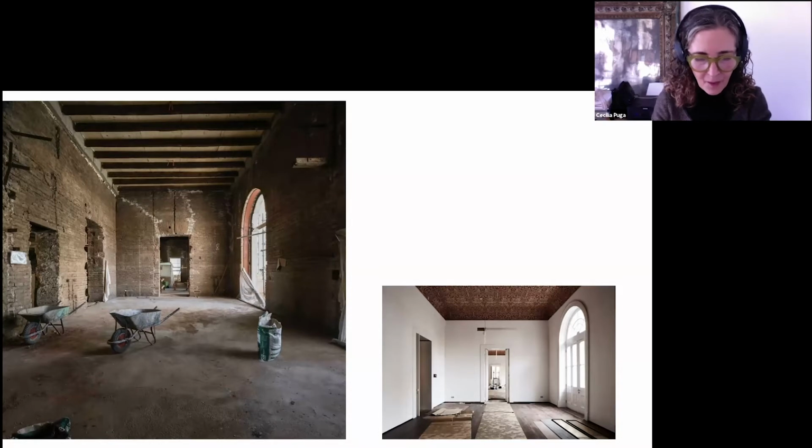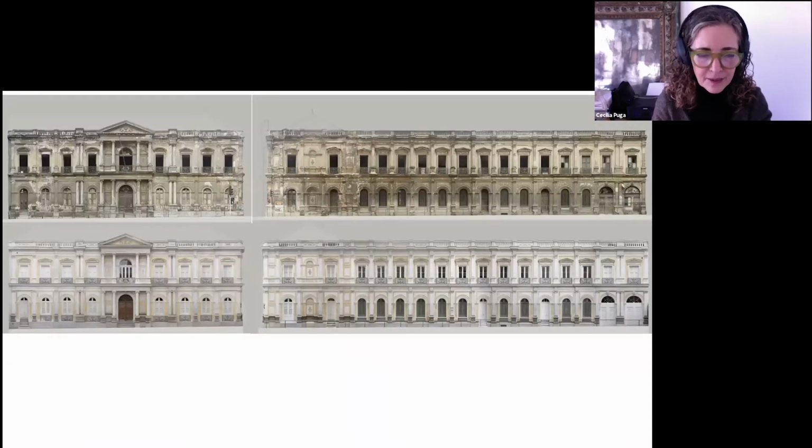So now I would like to show you some images of the result of the works, very briefly. This is the facade restoration. What you see here is the recovery of the 19th century layers that were existing behind the several layers of industrial painting and intervention.